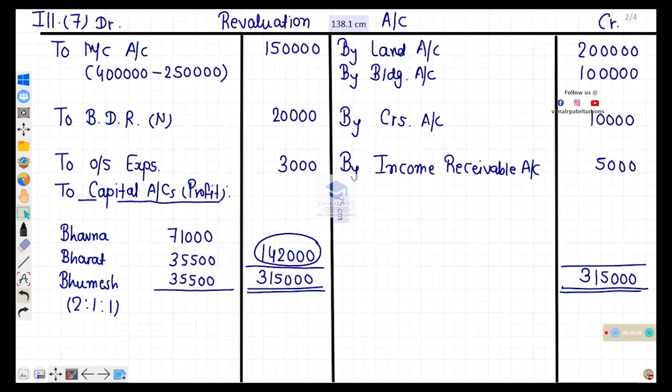Or you can pass a collective entry. I am showing you the collective entry. The individual entry is given in your book. I am explaining both of that.